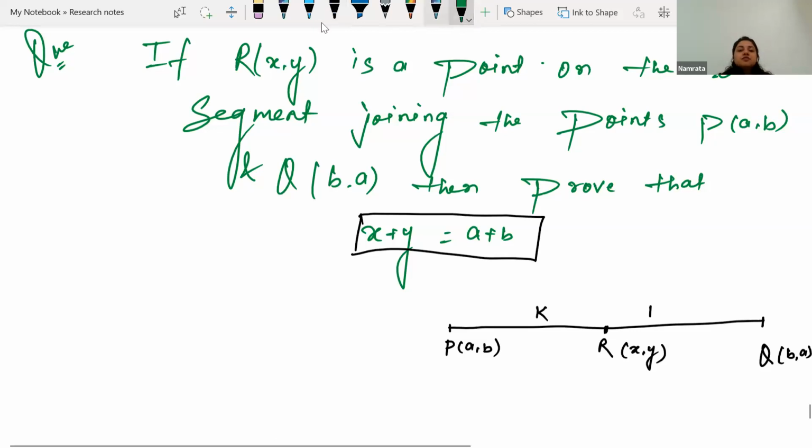Now we know there is a formula for internal division. What is the formula for the coordinate when a point is dividing internally in a ratio m is to n? What's the formula for that? Anyone?